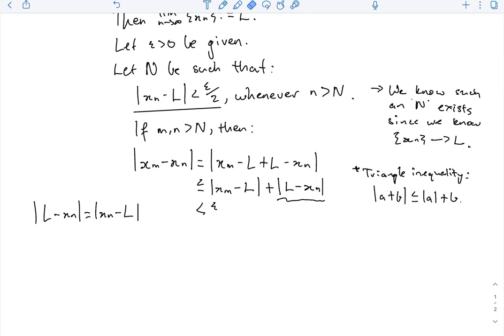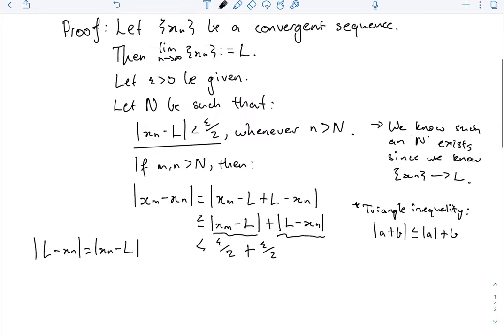So we can take this part to be strictly less than epsilon on 2 plus epsilon on 2. And why does it work for the mth value of the sequence?